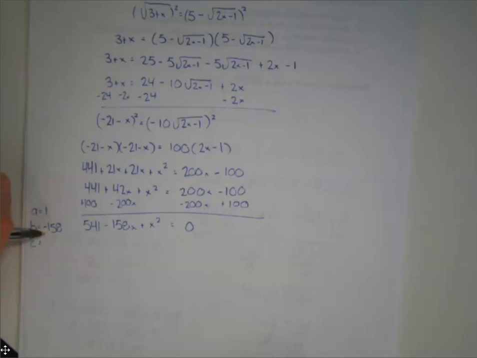And c is our last term there, which is 541. So now we can put that into our quadratic formula.